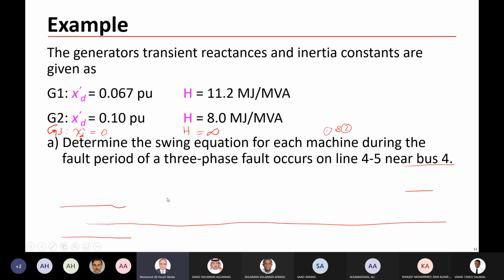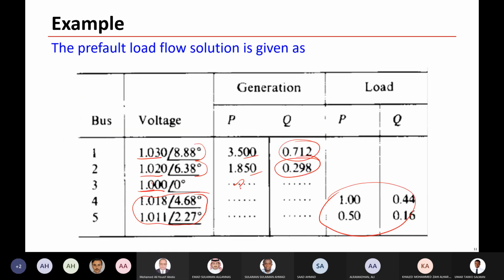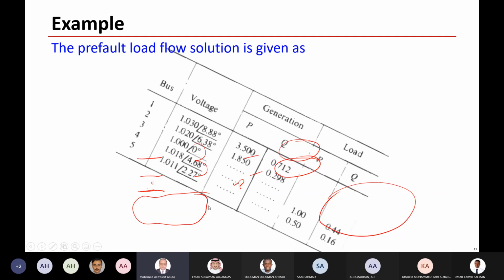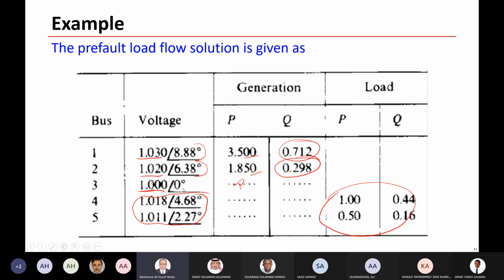So as we mentioned earlier, the first step is to run a load flow, and we run a load flow here. These are the results of the load flow. Voltage at each bus is given, and the reactive power of generators also is calculated here.